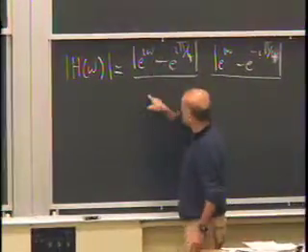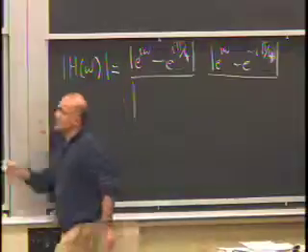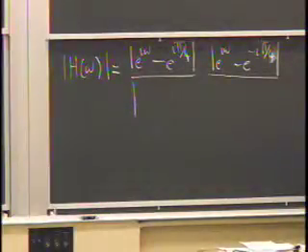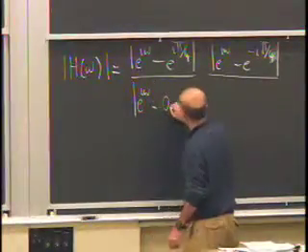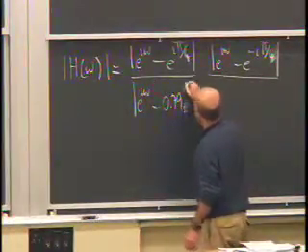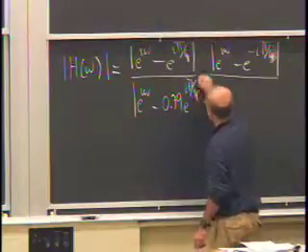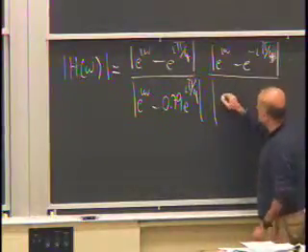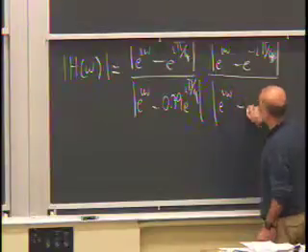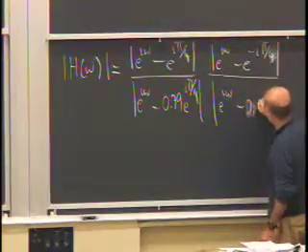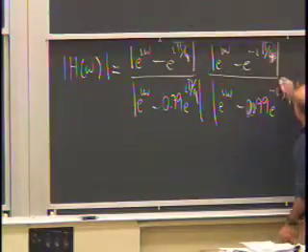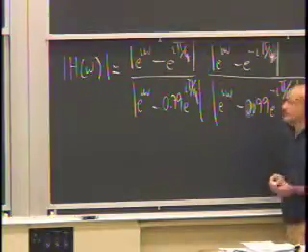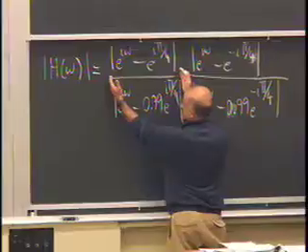And in the denominator, I put the x that's closer to this O. So in the denominator, I put e^{i omega} - 0.99 e^{i pi/4}, and in this one, I write e^{i omega} - 0.99 e^{-i pi/4}. Now look at this ratio.